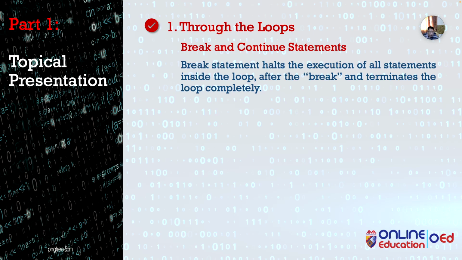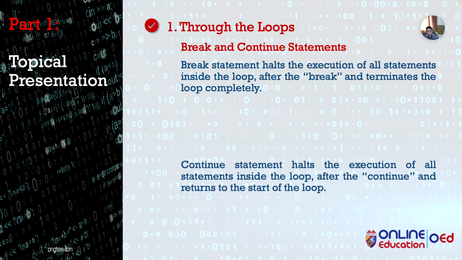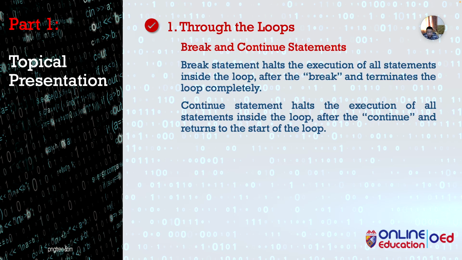Break is also used to handle cases in a switch statement, but that is outside the scope of this presentation. The continue statement holds the execution of all statements inside the loop after the continue statement and returns to the start of the loop. That means in the case of continue, the loop does not terminate but starts over again with the next iteration. So let's have an example of that.